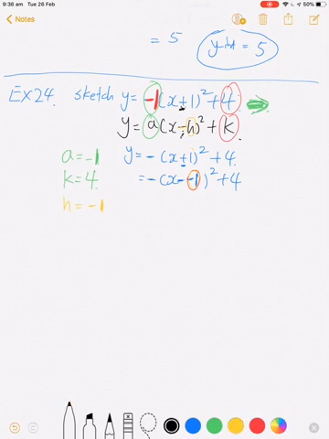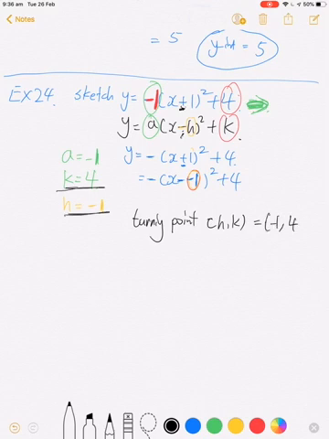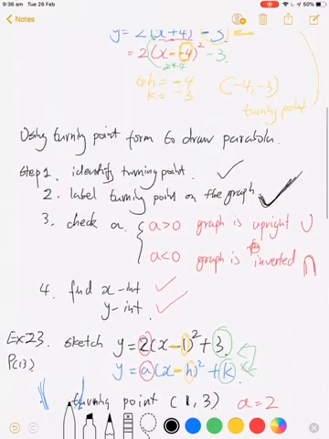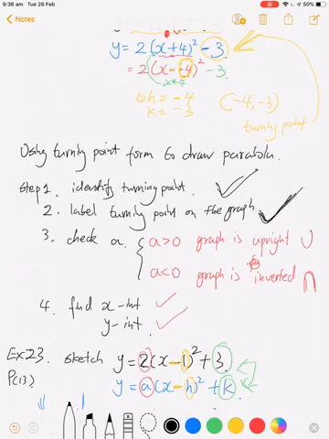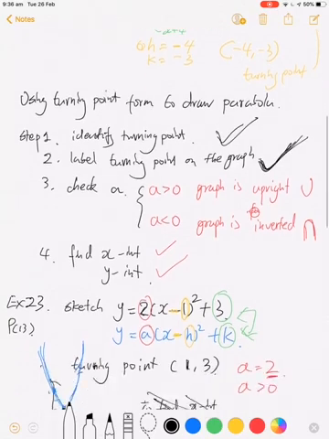Okay, so as a summary, we can say turning point will be equal to h and k, which is negative 1 for h, and for k it is 4. So that is my turning point form. Coming back to check our steps, we identified the turning point form. Next step is label the turning point on the graph.